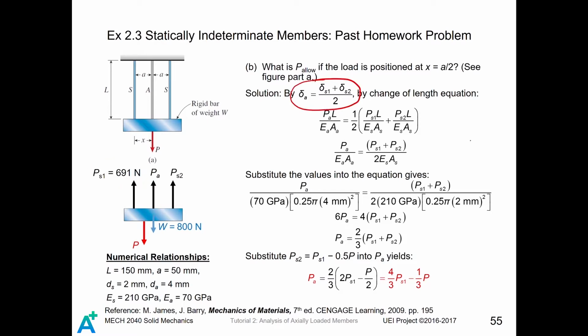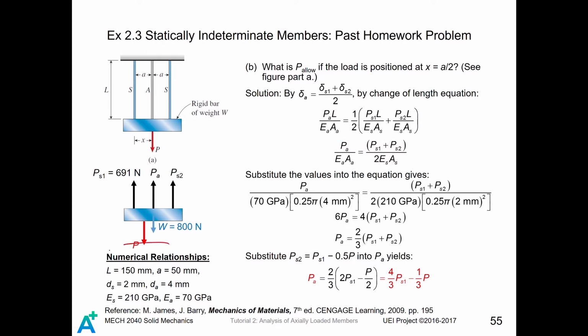Now we consider the equation of geometry. Then we apply the change of length formula and substitute into each term each change of length of this equation obtained from geometry. And then we simplify the system to be like this.